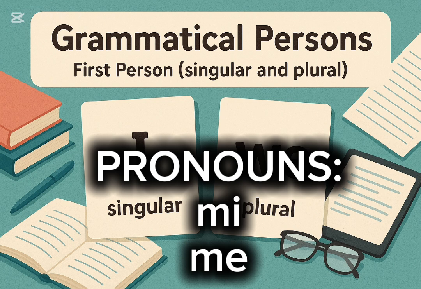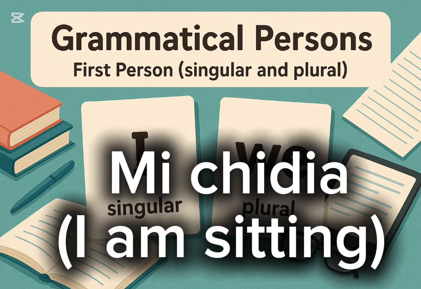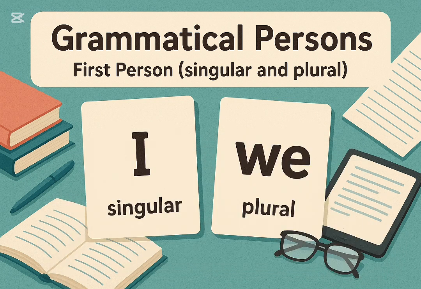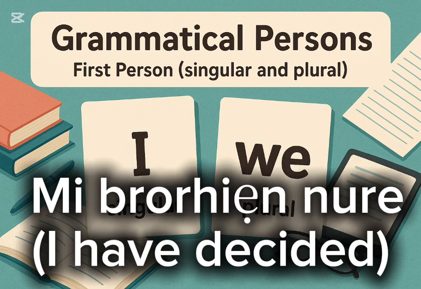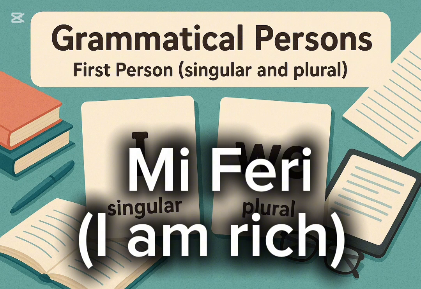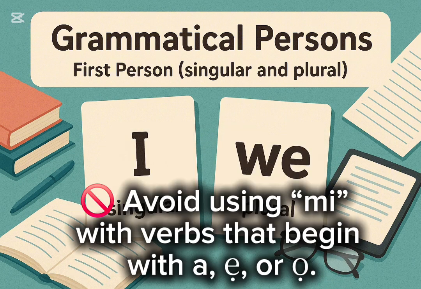Use mi when the verb begins with a consonant followed by I, U, O, or E. Examples: mi kidia, I am sitting. Mi dumiyorin, I swear an oath. Mi brorianurin, I have decided. Mi feri, I am rich. Avoid using mi with verbs beginning with a or o.